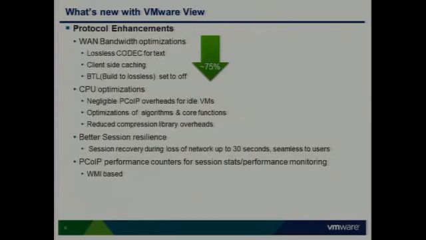So you can keep track of how much average bandwidth it is using and what type of network it is using and so on. So keeping track of these performance monitoring counters is extremely useful.